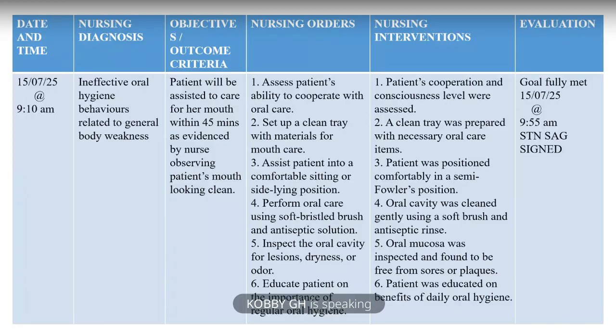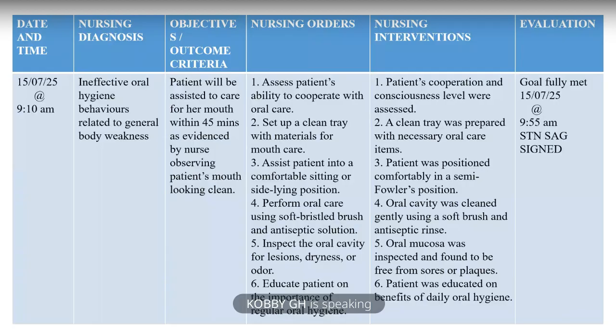Patient will be assisted to care for her mouth, because this is the current nursing diagnosis we have in the current NANDA for mouth care: ineffective oral hygiene behaviors related to general body weakness. So patient will be assisted to care for her mouth within 45 minutes, as evidenced by a nurse observing patient's mouth looking clean, or patient verbalizing that her mouth has been cleaned.